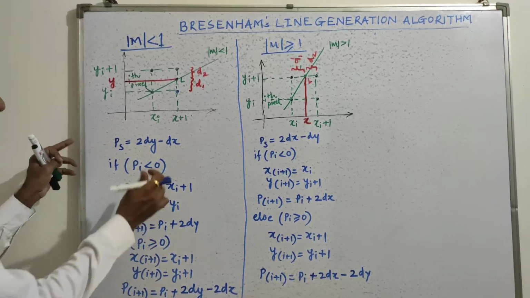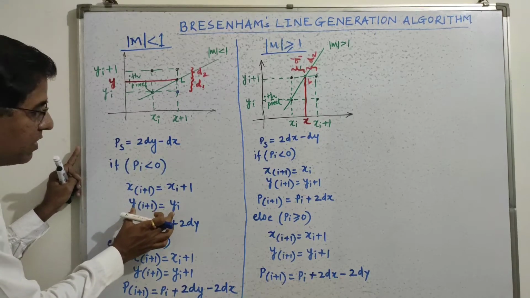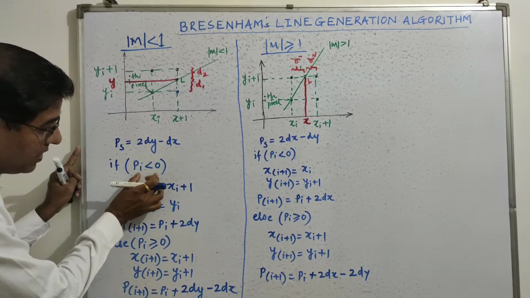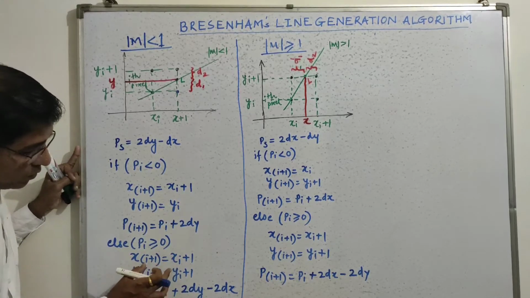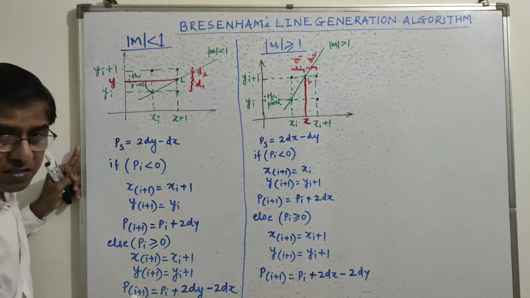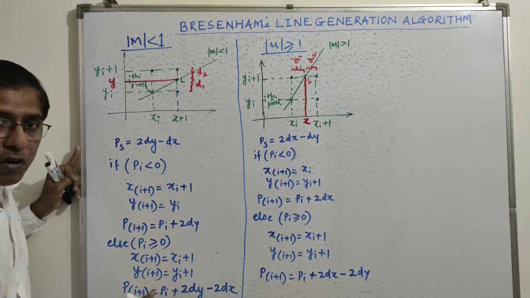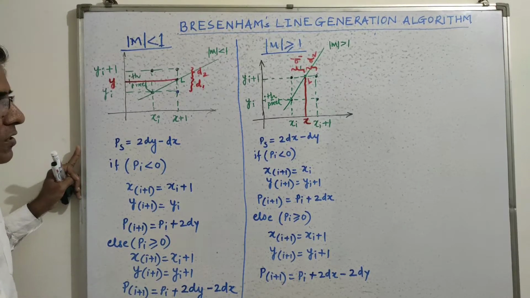So this is the start point decision parameter, these are the incremental values of x and y, this is the decision parameter for the pi less than 0 condition, and this is the decision parameter for the next pixel in case of the pi greater than or equal to 0 condition.